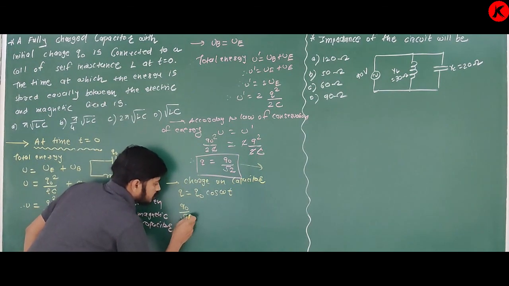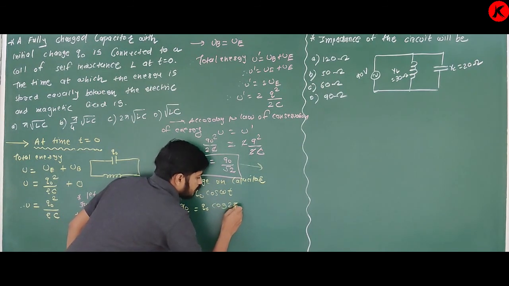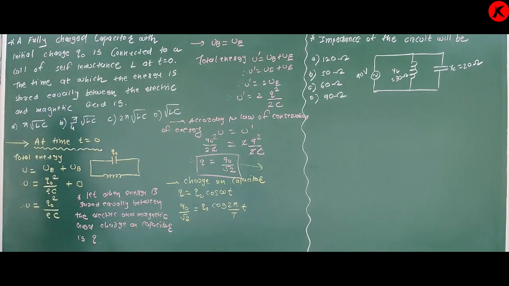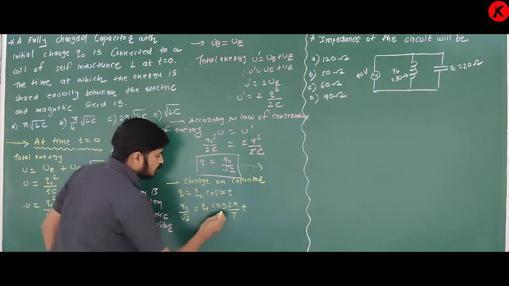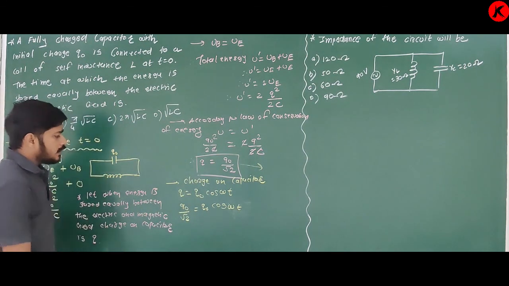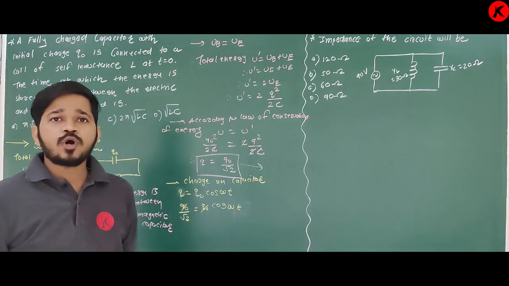Q0 upon root 2 is equal to Q0 cos omega t. Any doubt? Now Q0 cancels, leaving 1 upon root 2.